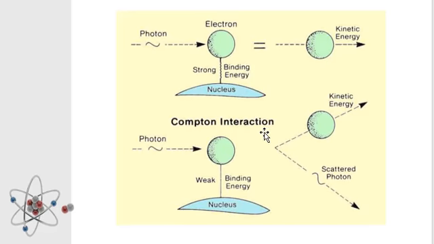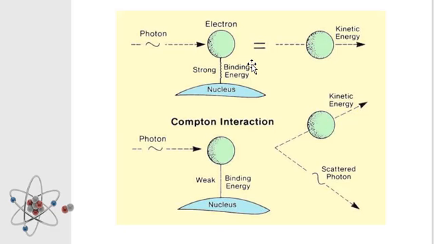So number one, if you have a photon, it can eject that electron from the atom because the electron will gain kinetic energy. Another one is that a photon can be scattered after colliding with an electron. The electron will also gain kinetic energy, and the scattered photon will have a longer wavelength.